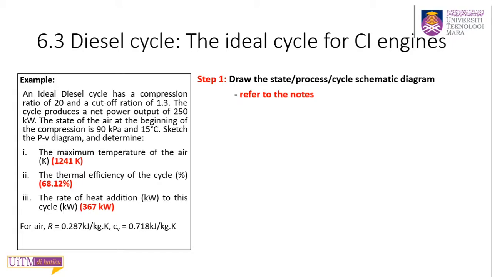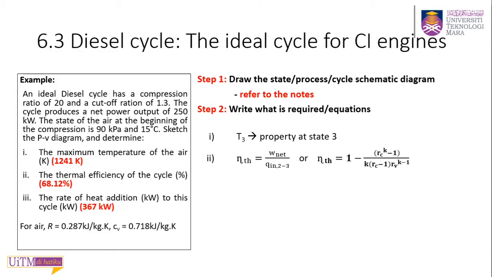For step 2, write what is required or equations based on the question. Number 1 is to calculate the maximum temperature of the air, which we know in the diesel cycle is at state 3. Number 2 is to calculate the thermal efficiency.